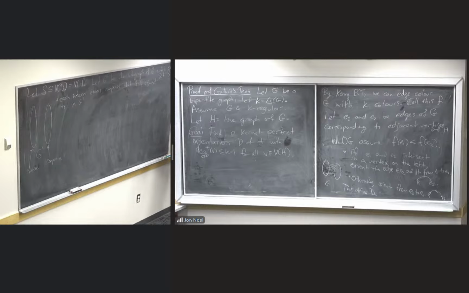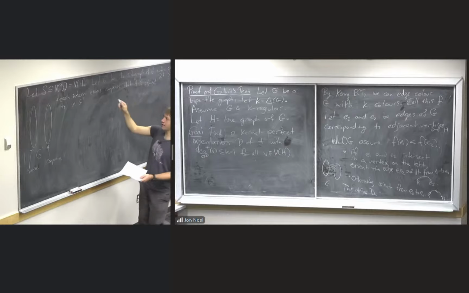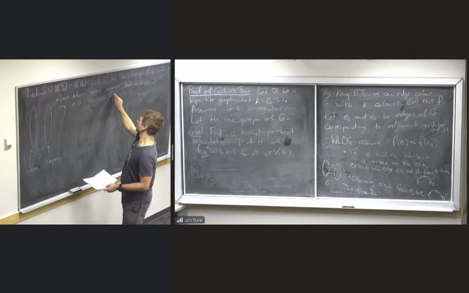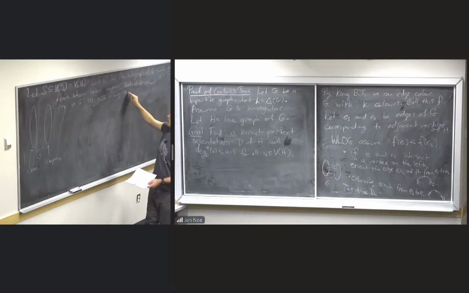each intern orders the companies that it's adjacent to in G prime in such a way that they prefer companies that they are adjacent to via edges of higher color.